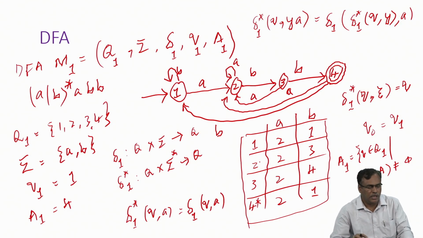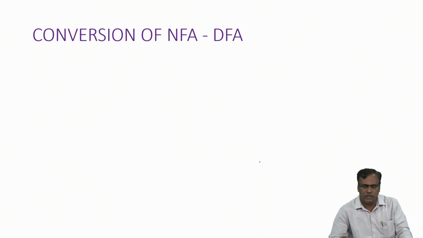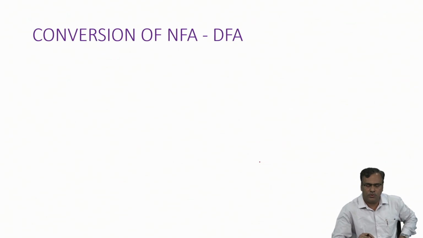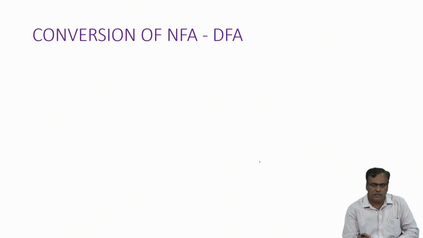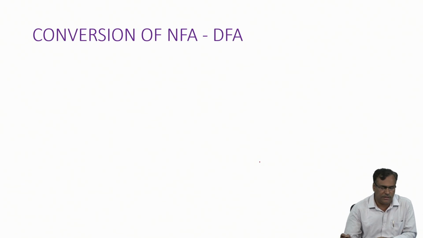Now I'm going to prove that NFA and DFA both accept the same language. You know that they both accept the same language, but now we have to prove it.